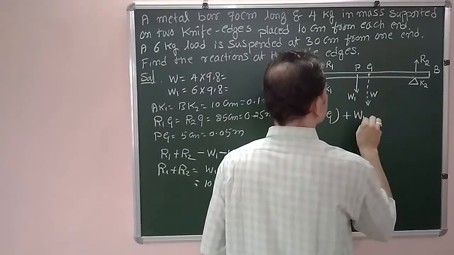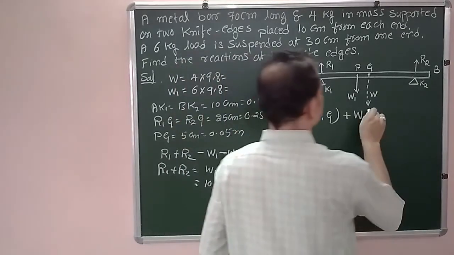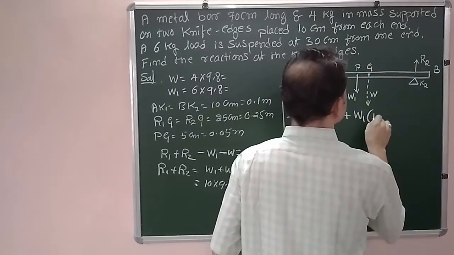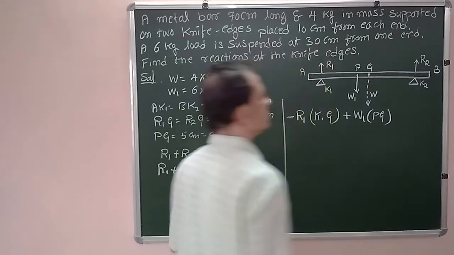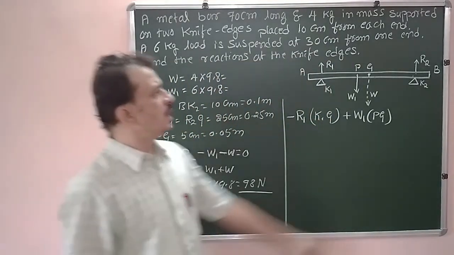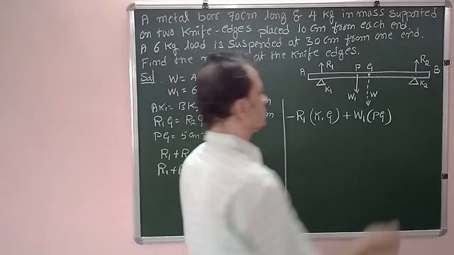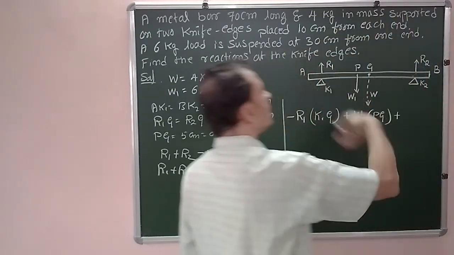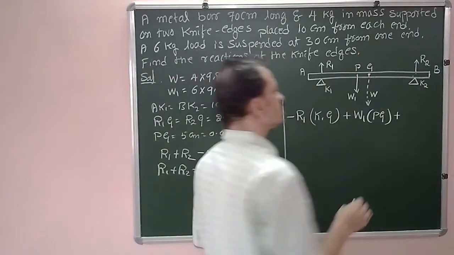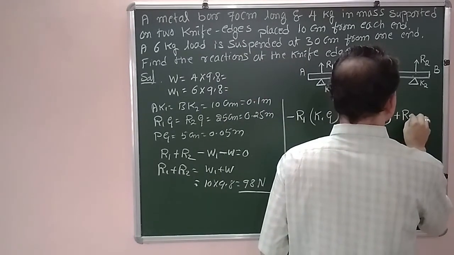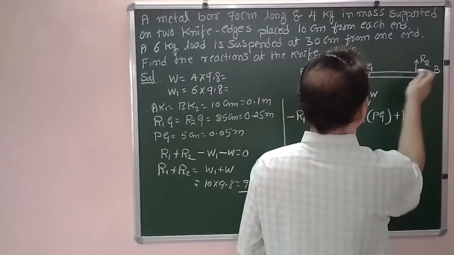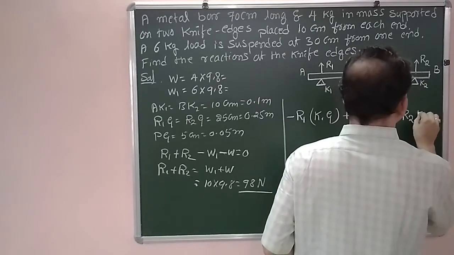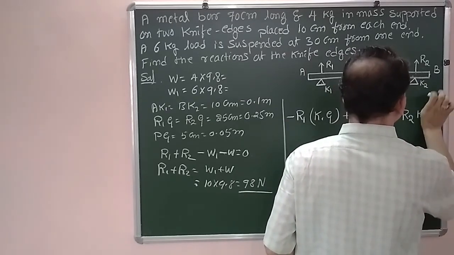Therefore, its moment of force is force multiplied by the distance PG. And the R2 force, the reaction force, also tends to rotate in the anti-clockwise direction. Therefore, its moment of force is taken as positive, R2 multiplied by the distance K2G.